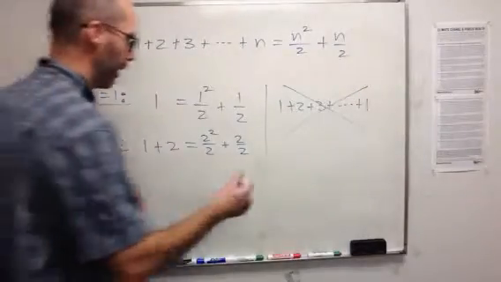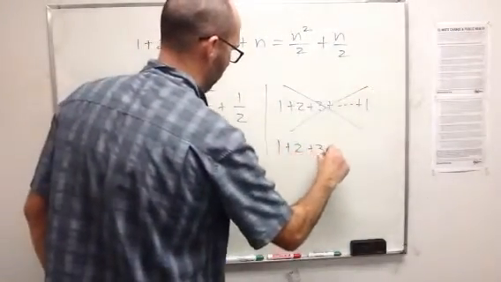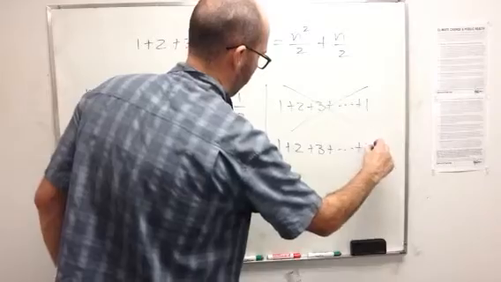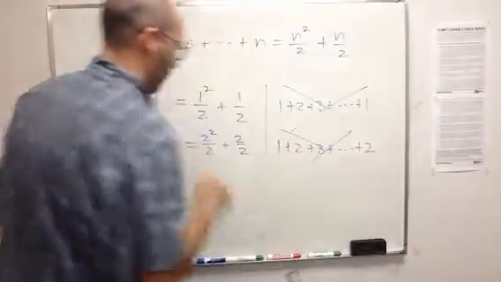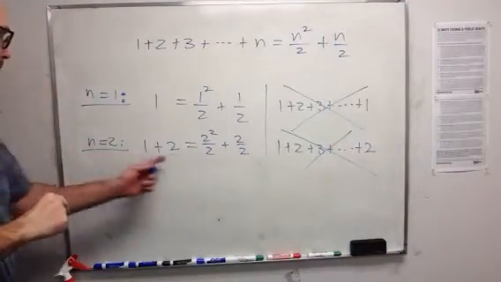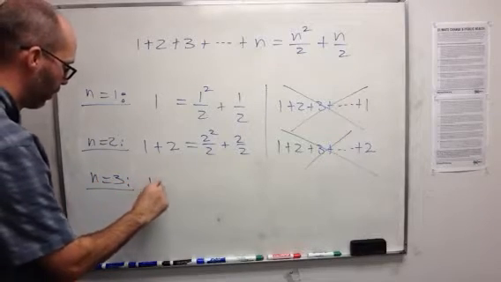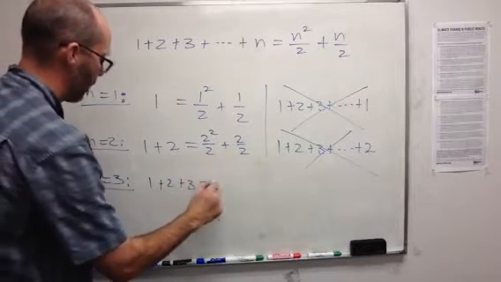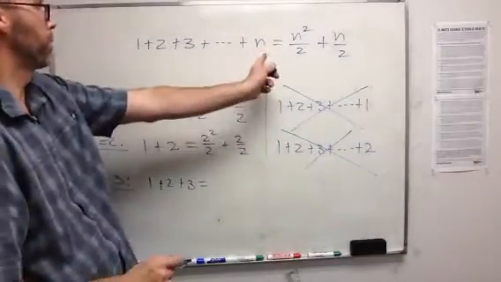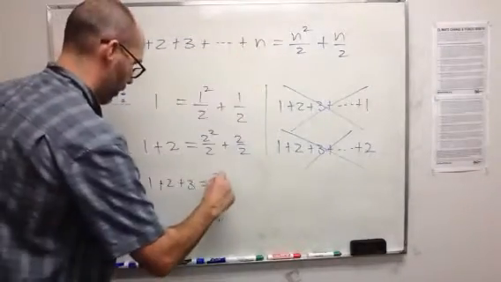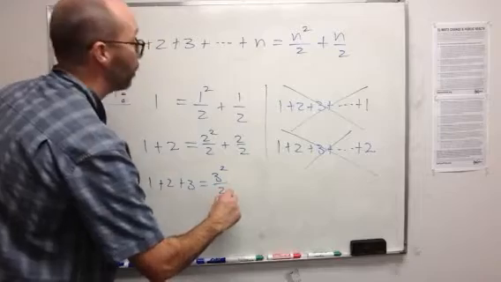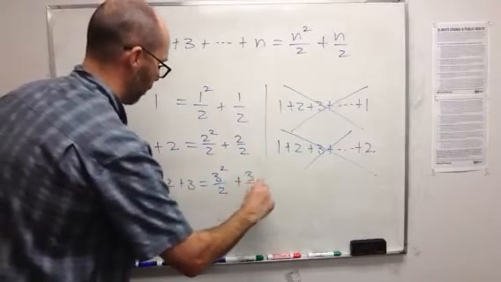It does not mean 1 plus 2 plus 3 plus 2. It literally just means that. For n equals 3, this says 1 plus 2 plus 3 is, following the formula, since we went up to n, 3 squared over 2 plus 3 over 2.